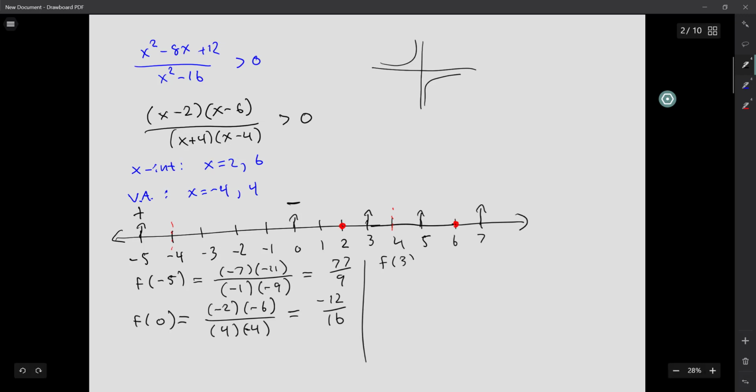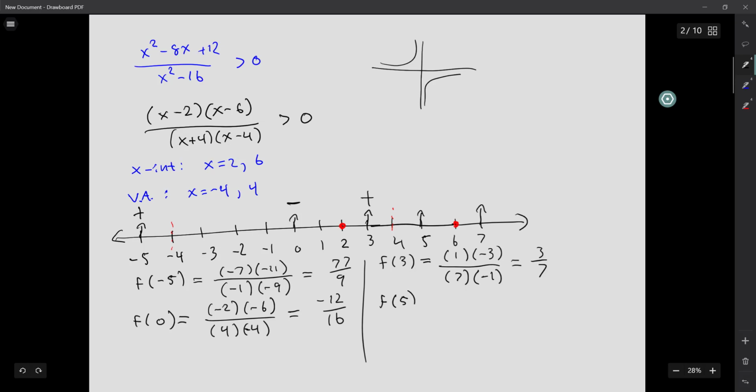F of 3 will give me 3 minus 2 is 1 times -3 divided by 3 plus 4 is 7 times -1. So you can see I'm just looking at these by the factors of the numerator and denominator. This works out to a positive number. It'll be 3 over 7, whatever, positive.